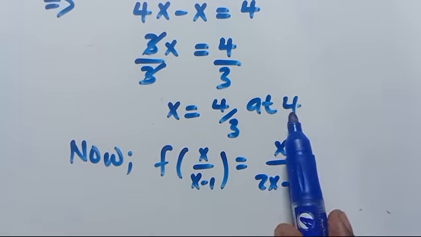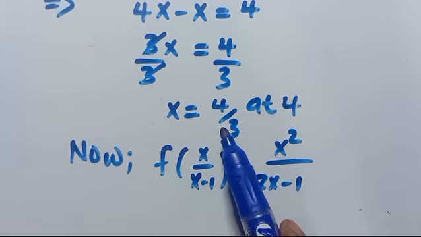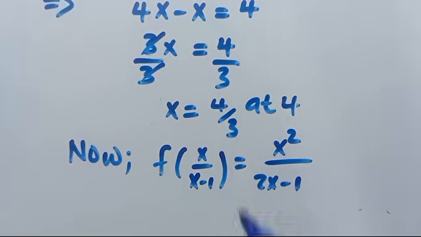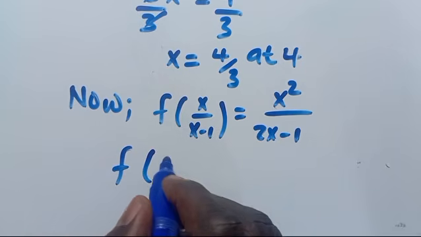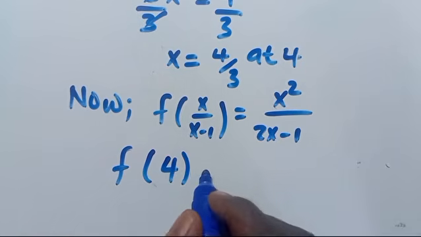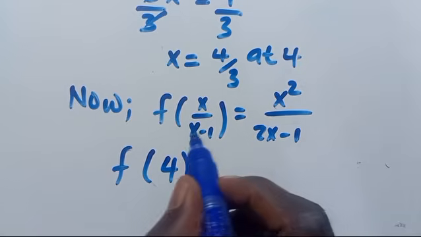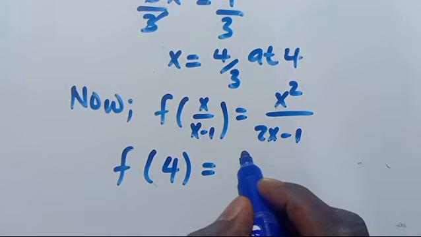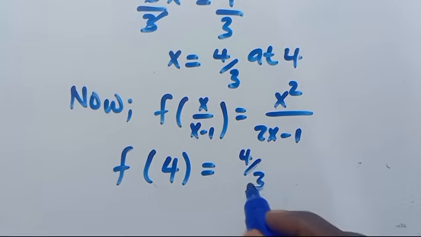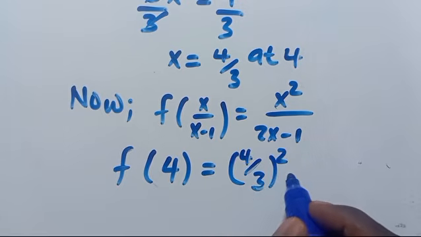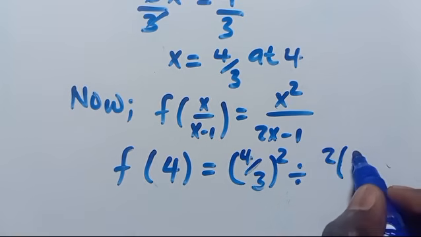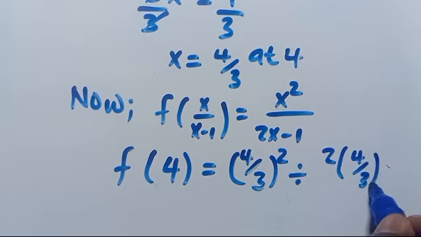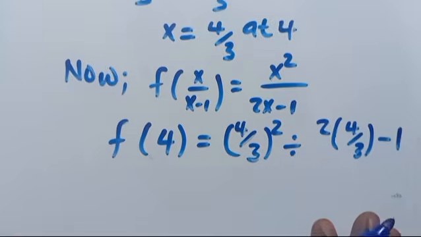If you want to find f of 4 at x equals 4 over 3, what we are going to have is f of 4 equals 4 over 3 squared, divided by 2 times 4 over 3, then minus 1.